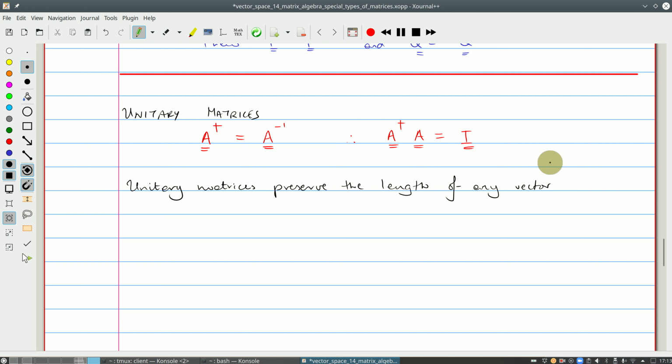Now, orthogonal matrices preserve the length of a real vector. Here, it's generalized to any vector. And the reason should be quite easy now. We start again and let y be equal to some unitary matrix A times x, where A dagger is equal to A inverse, or A dagger A is the identity. Then consider the norm of y squared.